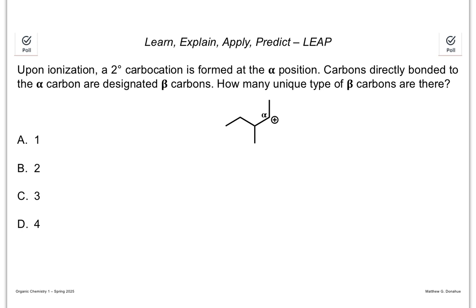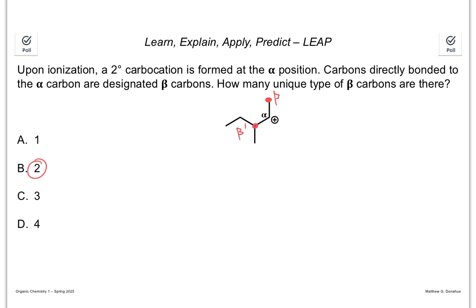Carbons directly bonded to the alpha carbon are designated beta. How many unique type of beta carbons are there? So that's a carbon, we can call that beta. That's a carbon, we can call that beta prime. They're different, so there's 2 unique types.